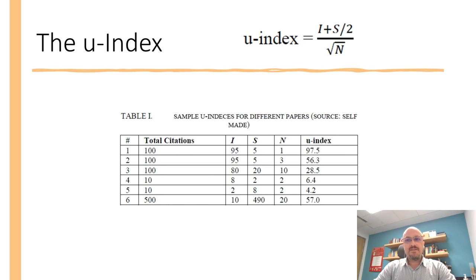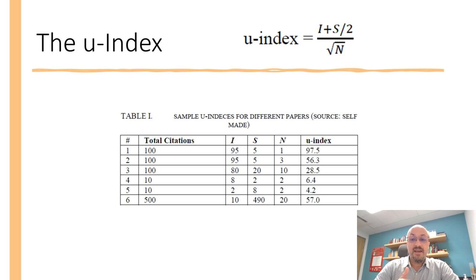So let's see some simple examples and try to understand how the U-index behaves in different situations. We have here a table of possible hypothetical papers, where we see, for example, a paper that has 100 citations, and how it is evaluated by the U-index according to the number of I and S citations, as well as the number of authors.